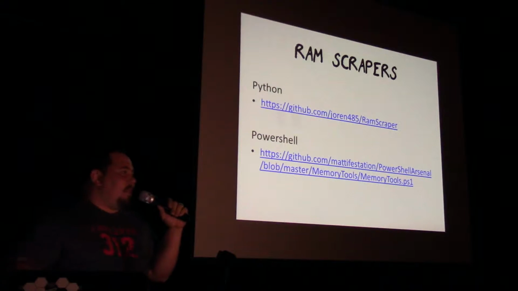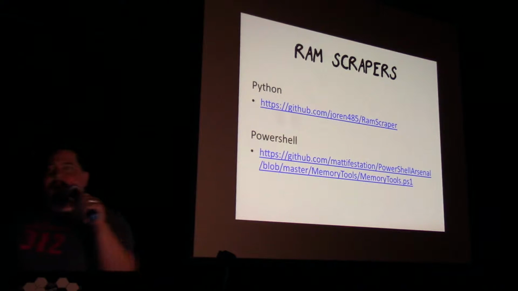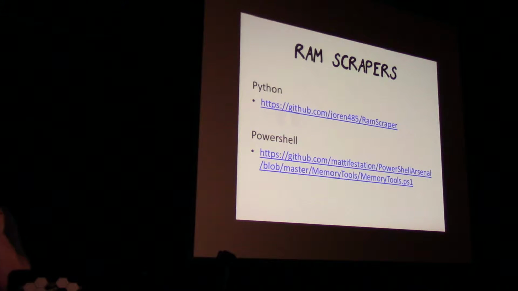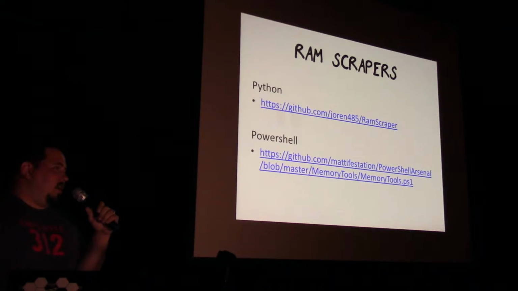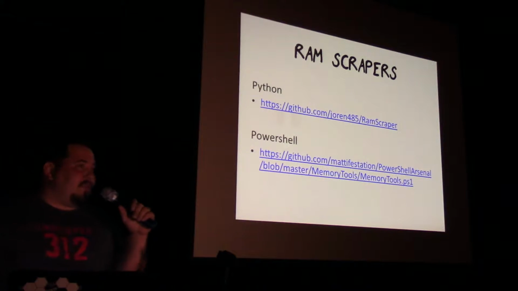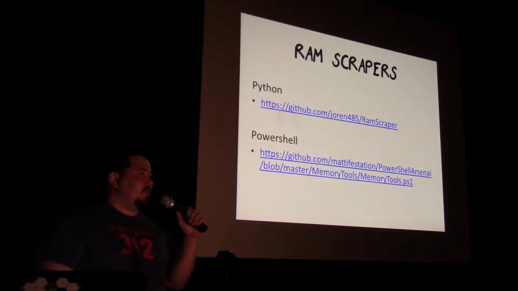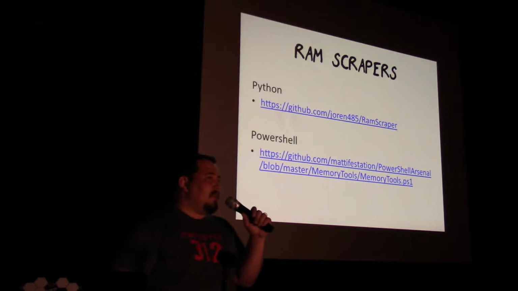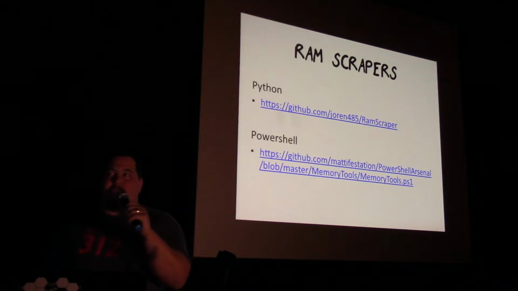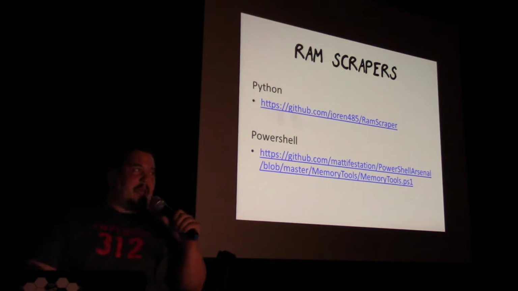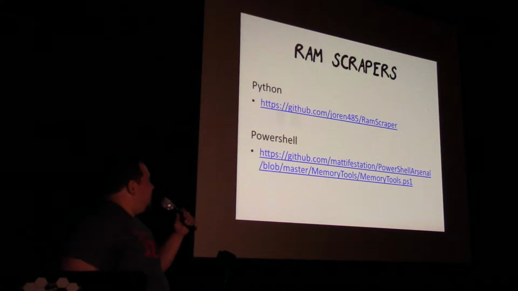But basically what's happening is, with a RAM scraper, you're looking into process memory, and you're just searching it for a certain pattern. So if you're looking for credit card data, then you're looking for 15 or 16 numerals together in a string, maybe a delimiter at the end, and running a quick Luhn check on it, and when you have valid data, you've got a match for what you're looking for.